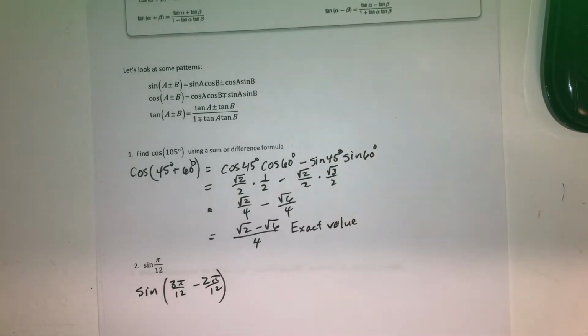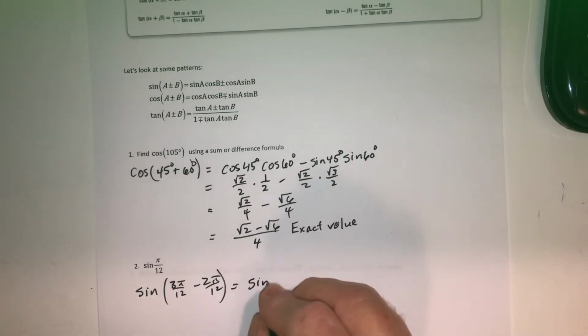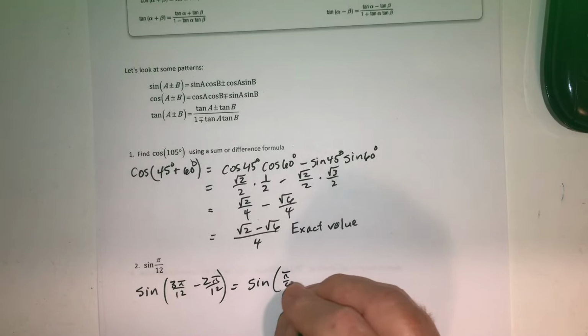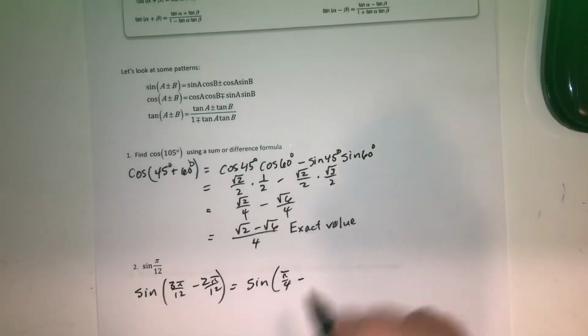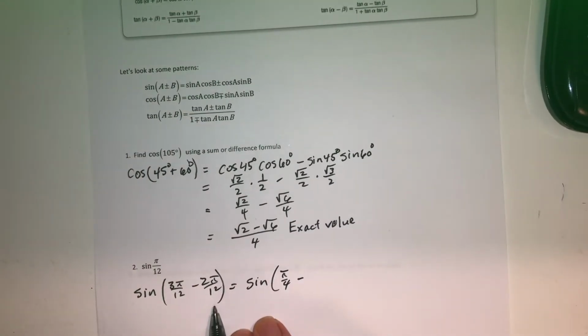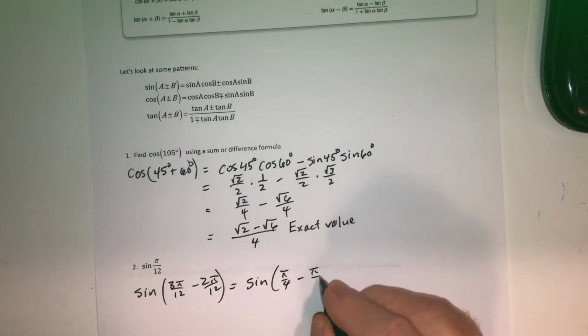But please understand this. 3 pi over 12 is the same thing as pi over 4, and that's on the unit circle, and that's why I wanted to do that. Minus 2 pi over 12 simplifies to pi over 6.